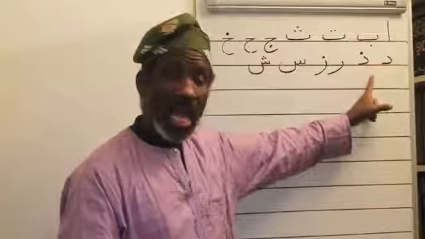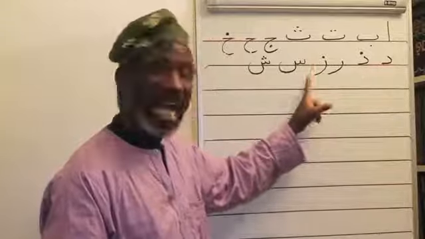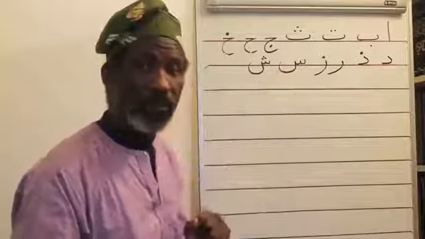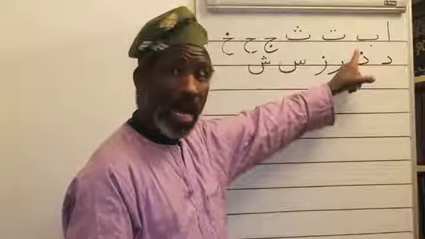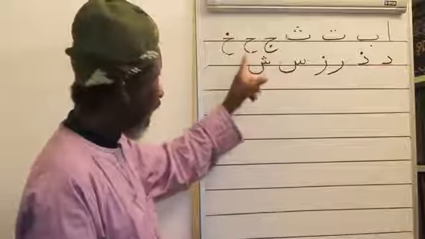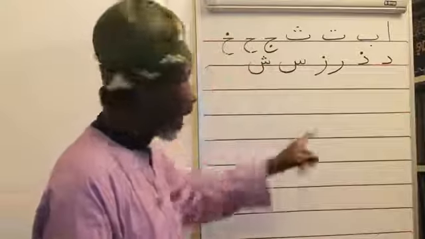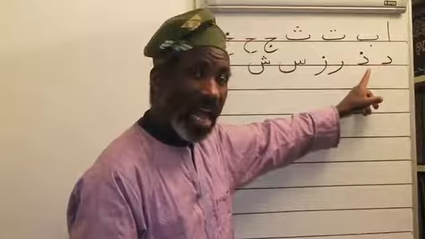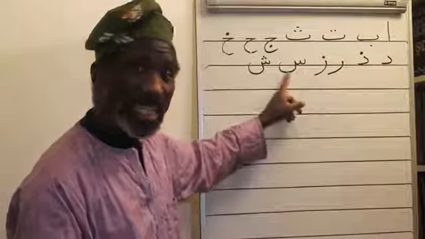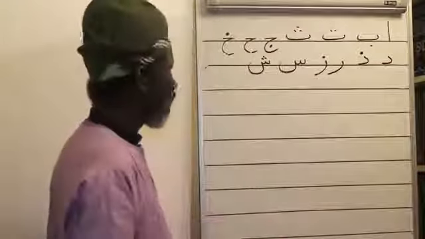Dal, val, ra, za, or zain, seen, sheen. Alif, ba, ta, fa, jim, ha, ha. Dal, val, ra, zain, seen, sheen.